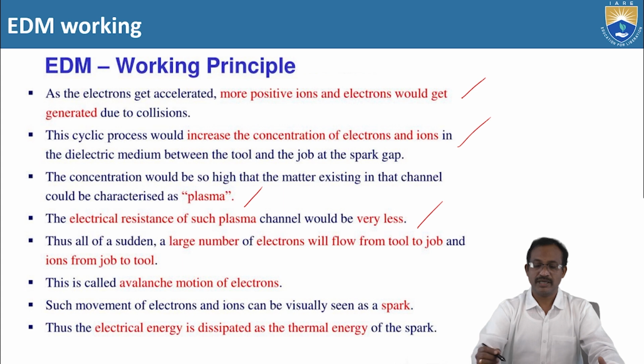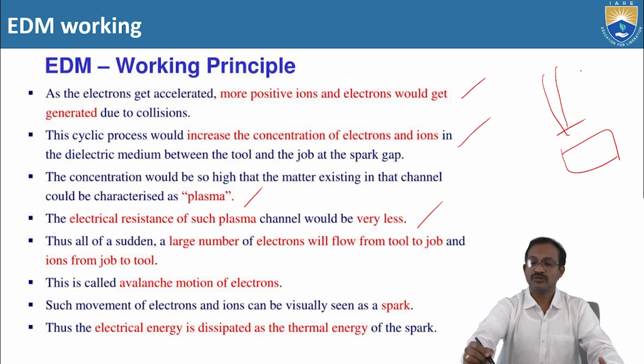Here, this is workpiece, this is tool. Electrons will flow from tool to workpiece and the ions will transfer from workpiece to tool. This is called avalanche motion of electrons.